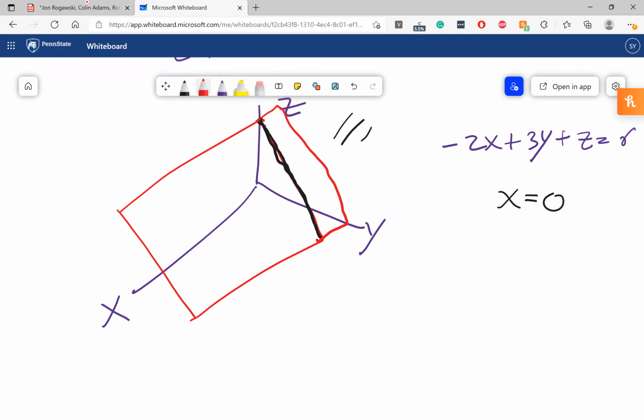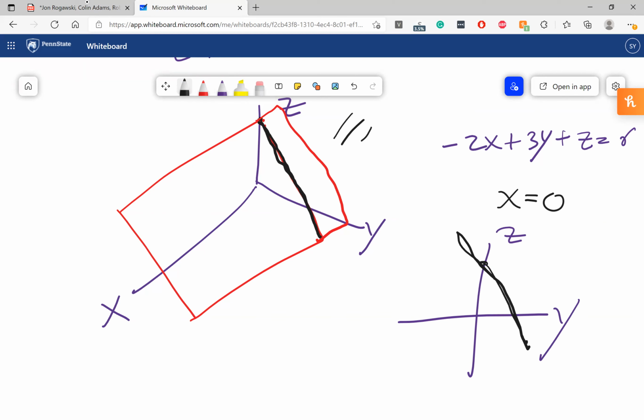I did not draw the plane correctly, though, because this line has a negative slope. But okay, no, it's fine, it's drawn.